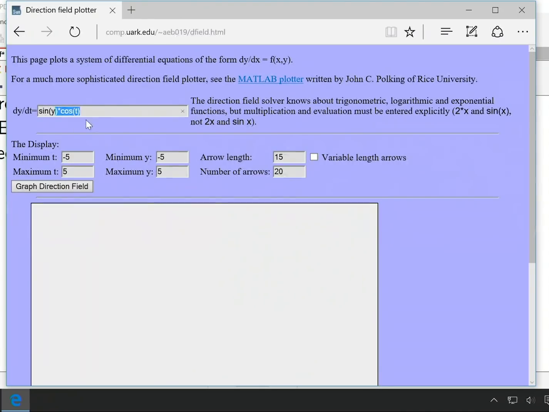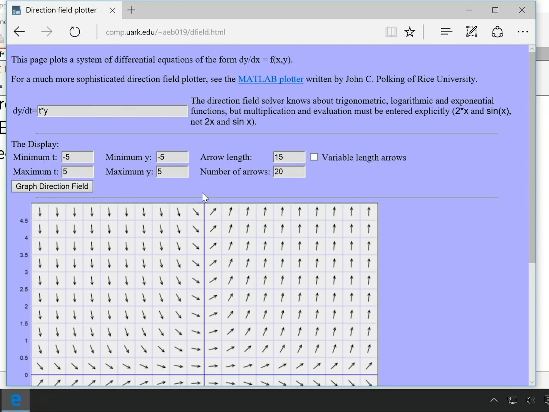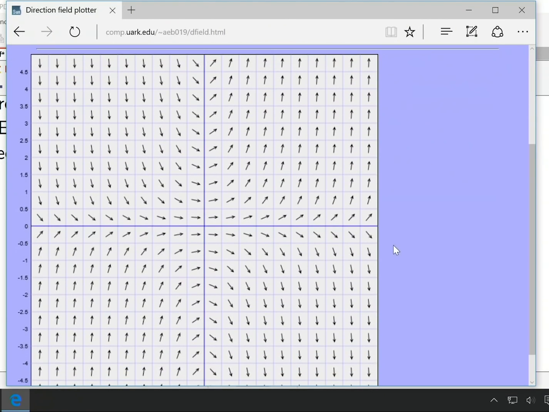And so here you can type the right-hand side of your differential equation. Say, t times y, and then you can graph the direction field. And if you want to plot solutions of the differential equation, you can too. So here is a solution of the differential equation.